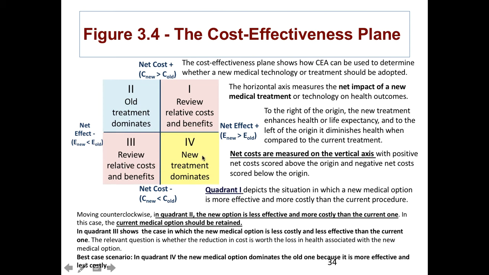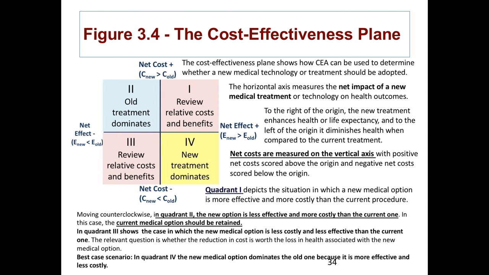In quadrant 4, again, we have the best case scenario. The new treatment is less costly and more effective. So there is no question in this scenario: we accept the new treatment, because in both cost and effectiveness it is preferred to the old treatment.